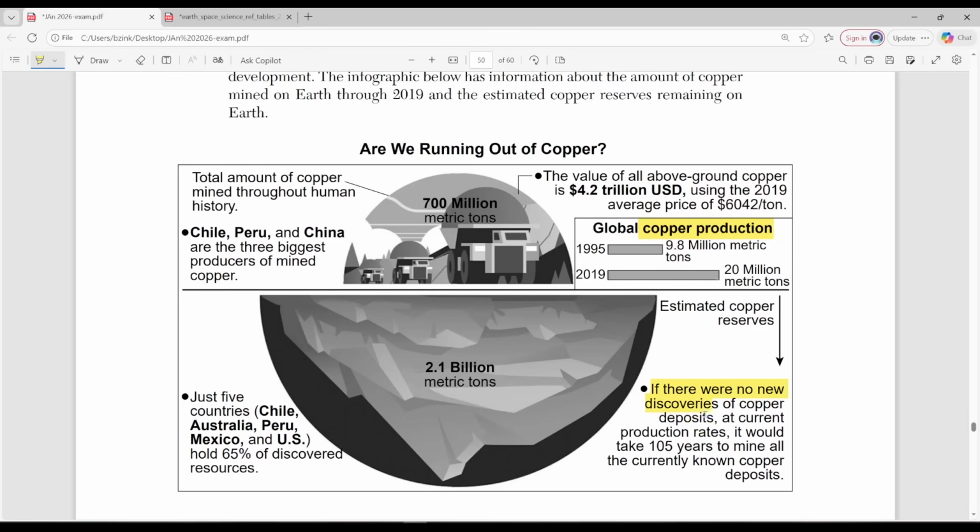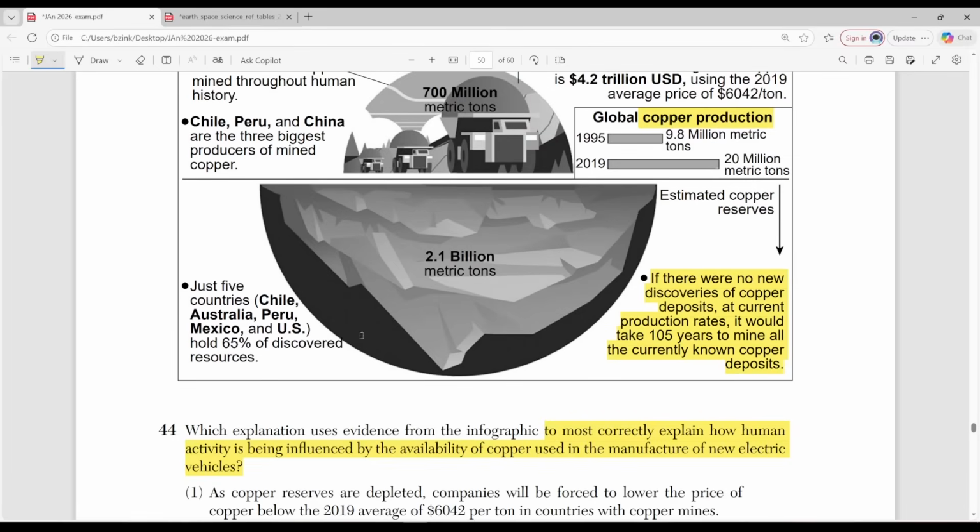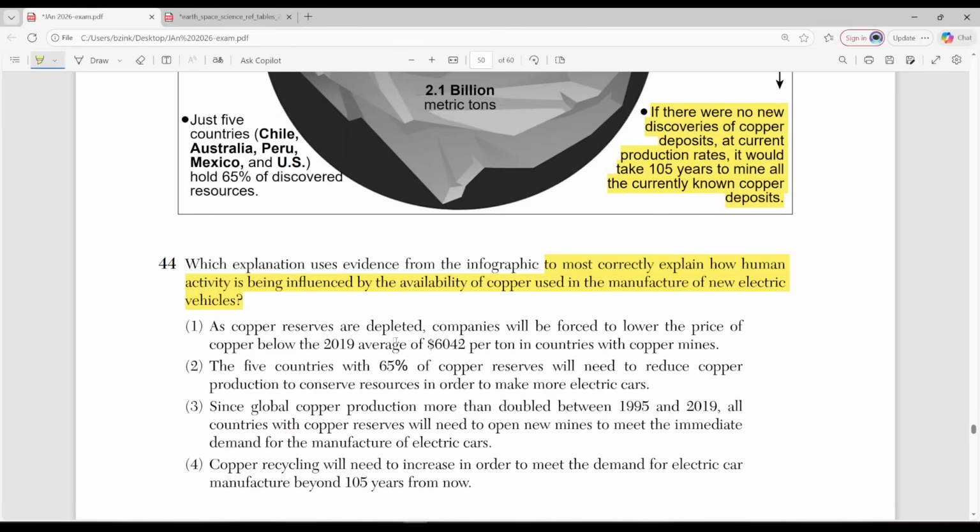If there were no new discoveries, it would take 105 years to mine all the currently known copper. Okay. As copper reserves are depleted, companies will be forced to lower the price of copper. No. It's going to go up. If there's less of it, it's going to go up. So that's wrong.